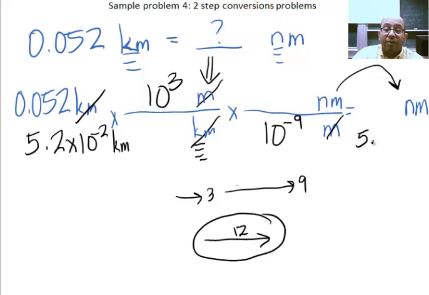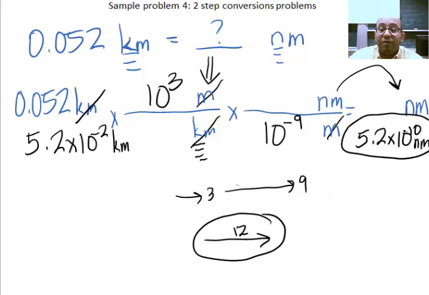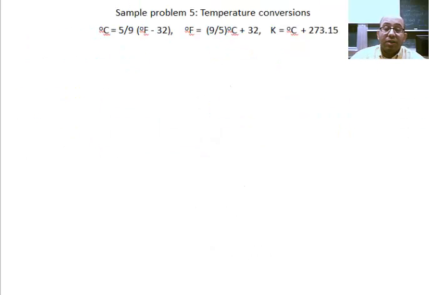I'm going to add 12, so the answer is 5.2 times 10 to the 10 nanometers, and I would circle my answer. Notice I would never write all the zeros out because that would mean I would have 9 zeros in my number, and that's just too many to figure out how to count.